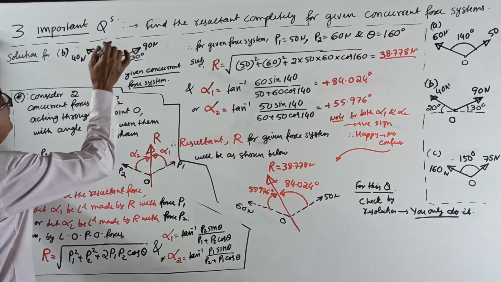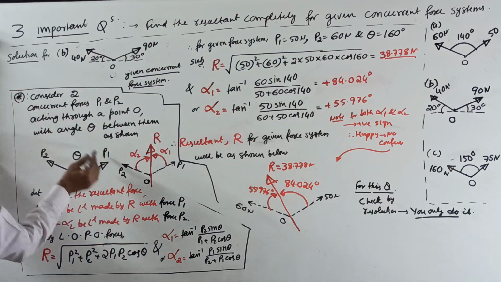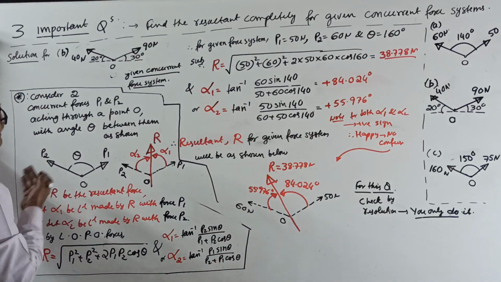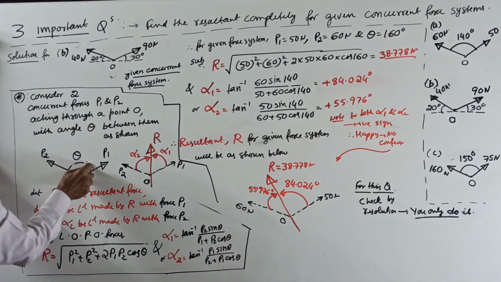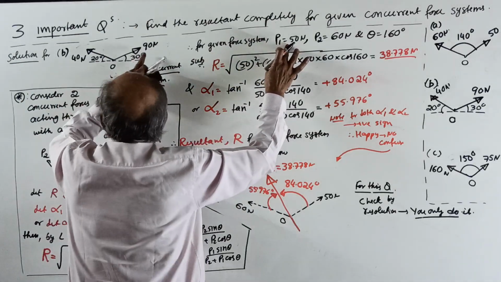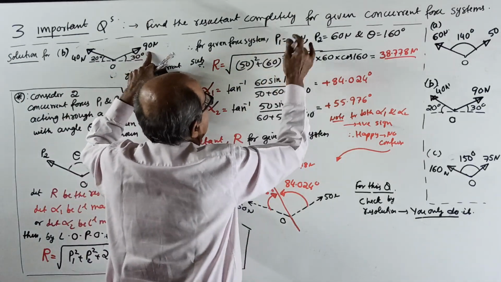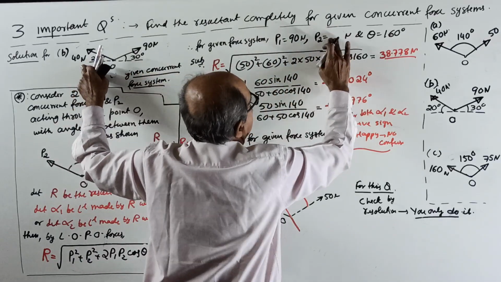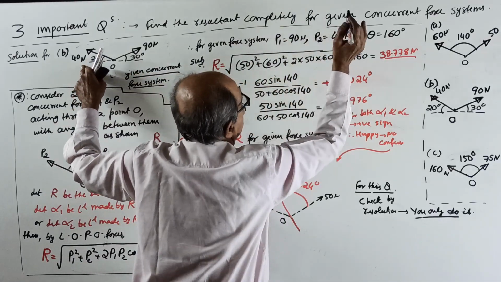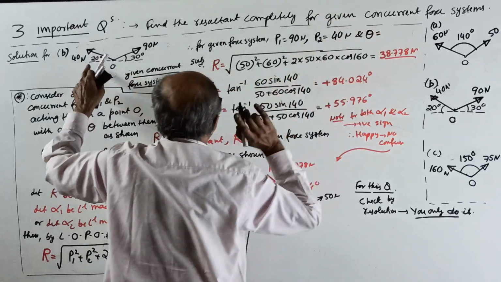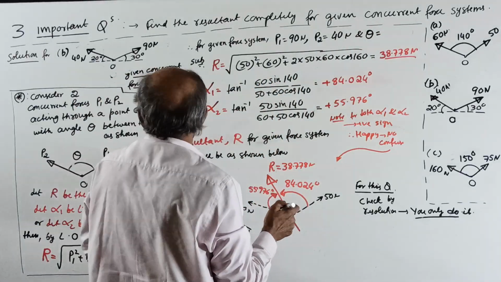Start. Again, two forces. Write the same statement. But remember, the same statement will repeat. But remember, we want theta. So, if I substitute here, P1 equal to, I have taken this one as P1, 90 Newton, P2 equal to 40 Newton, theta equal to, see here, those who want, actually not required.